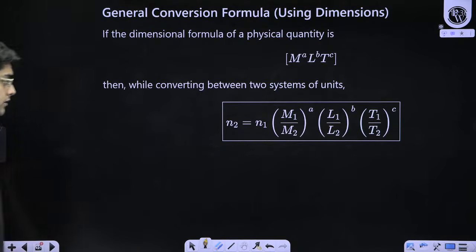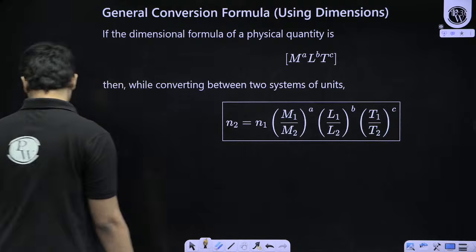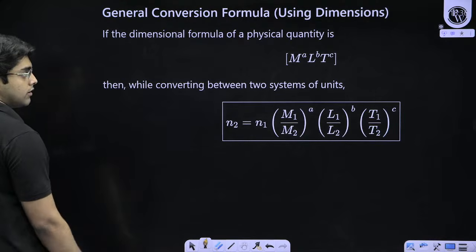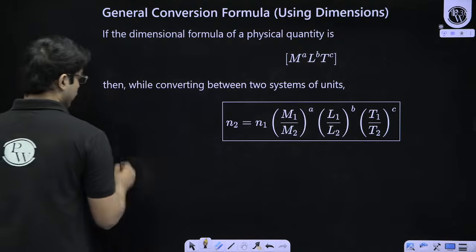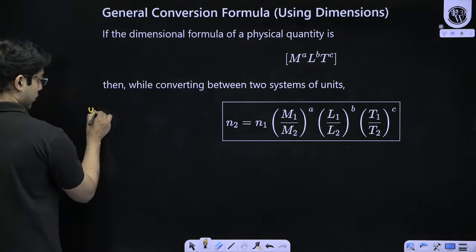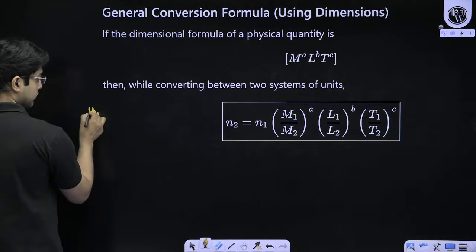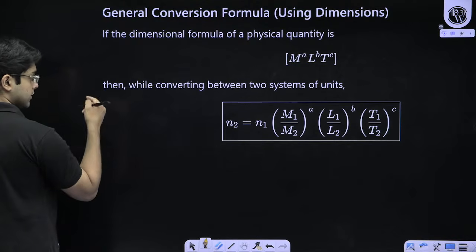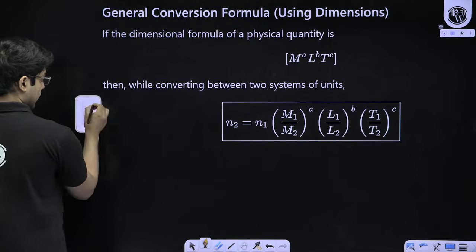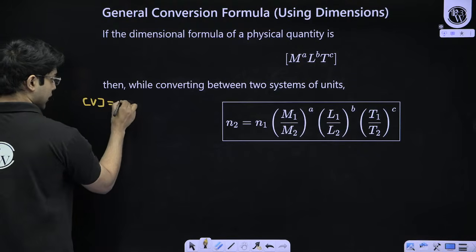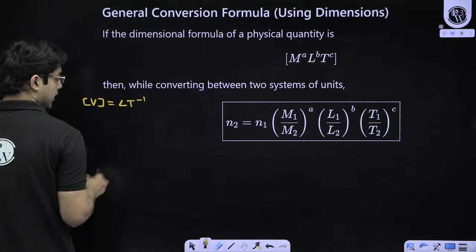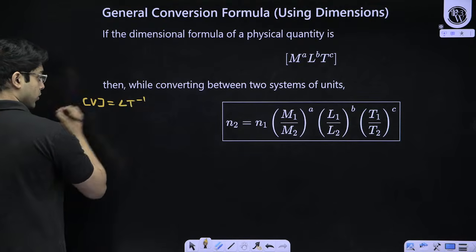Now, I'll take the help of an example to explain this. The units of a quantity we can also determine using the dimensions. What was the dimension of velocity or speed? It was LT minus 1. So you can also derive the units using this.